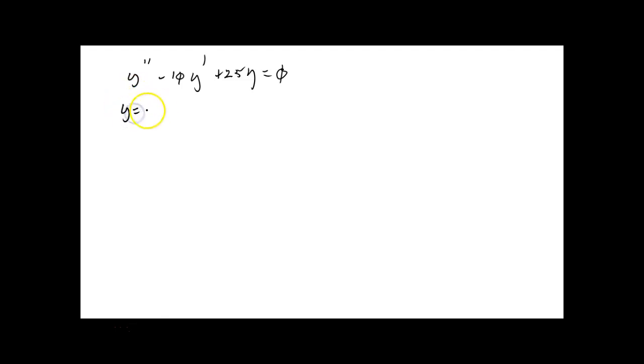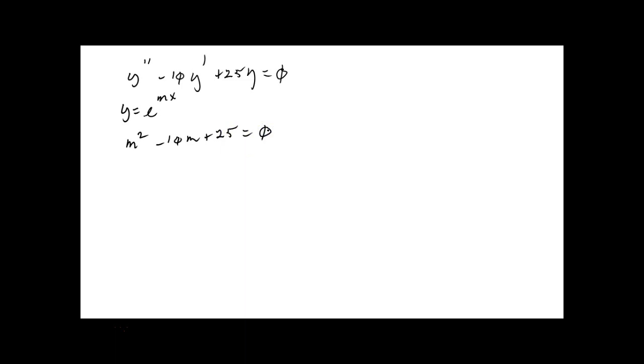Y is going to be some form of e to the mx. Now, do you need to go through all the steps, or you want to go straight to the auxiliary equation? Okay, and what will the auxiliary equation be? M squared minus 10m plus 25 equals 0.